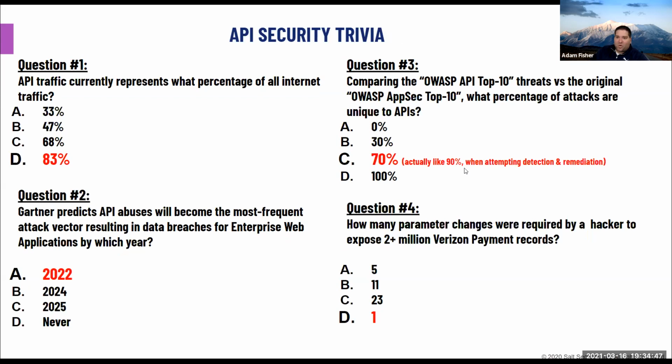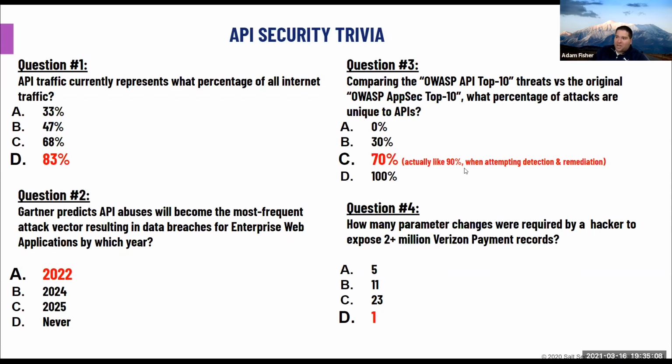So here we go. Number one, I saw a lot of D's. Very good. Question two, I saw a lot of A's. Looked really good. So 2022. So we're about a year away from having the internet break and having APIs burnt to the ground. Question number three was maybe a trick one. Maybe the wording was off.